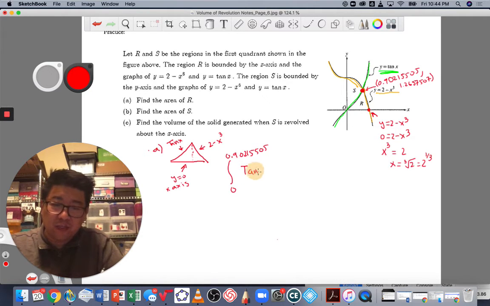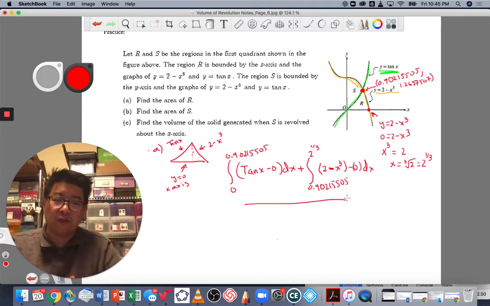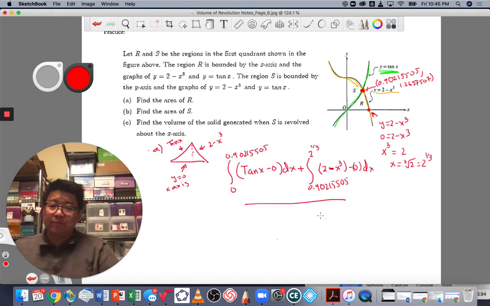So this will be the integral of tangent x minus 0 dx, plus the integral from 0.90215505 all the way to 2 to the 1/3 power, and it's going to be top minus bottom, so in this case 2 minus x cubed minus 0, the x-axis, dx. So whatever that answer is will be your area.